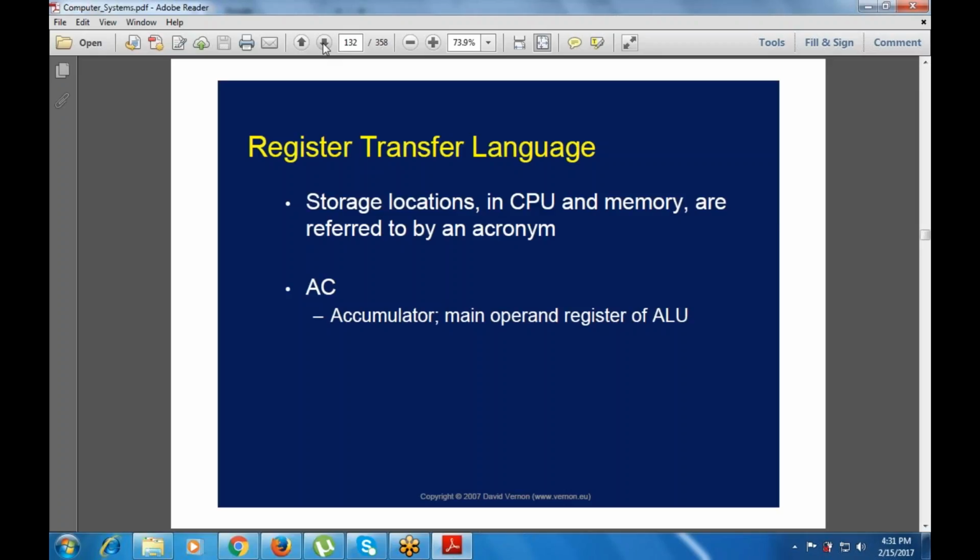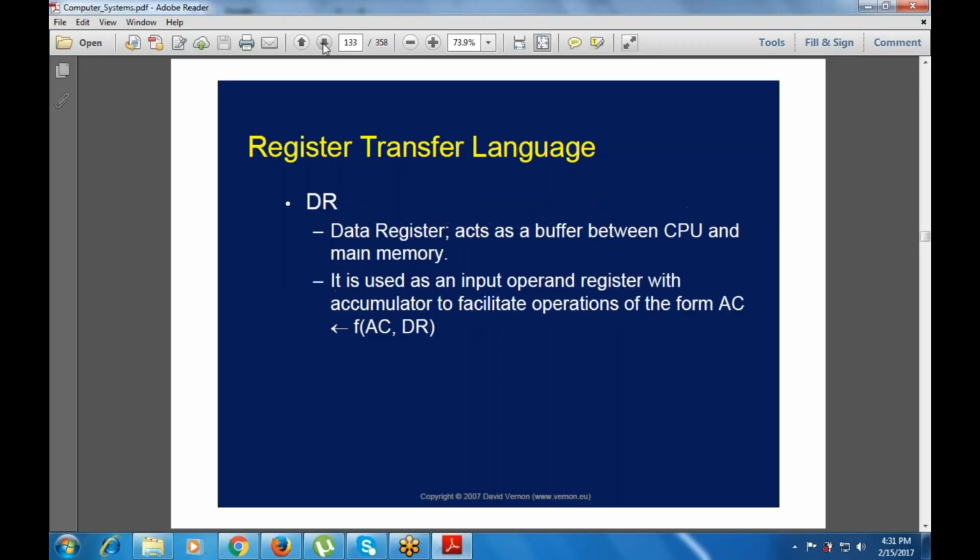Then there is the accumulator, that is the main operand register of the ALU. Then DR, that is a data register that acts as a buffer between the CPU and the main memory, and that is used as an input operand register.